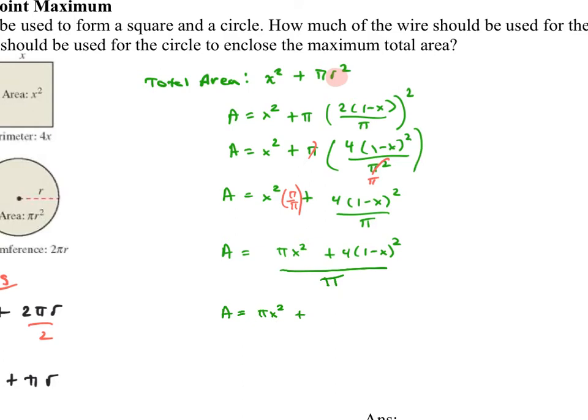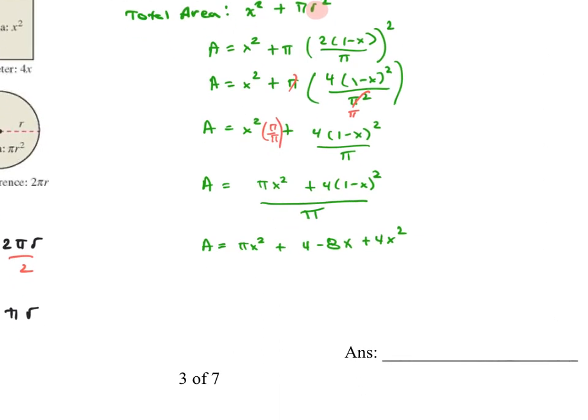Foiling that out would be 1 times 1. But then you have the 4, so that would be a 4. Then you'd have a minus x and a minus x, so that's minus 2x, but times 4 would be minus 8x. And then you have a minus x times a minus x, which would be a plus x squared, but then there's the 4, so that's 4x squared. So I just FOILed and distributed all of that, and then all of this is over pi.